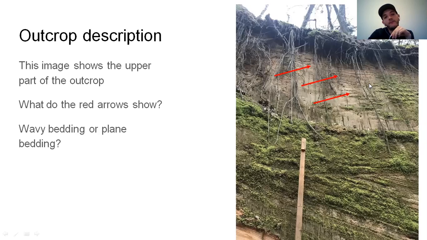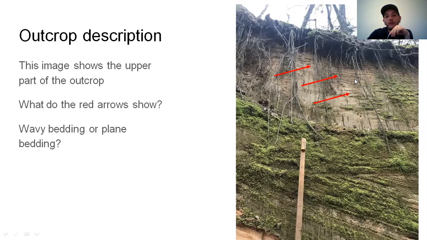This image shows the upper part of the outcrop. It's mostly light gray or light brown in color, but as you see, we can see some dark lines or dark layers within this unit.